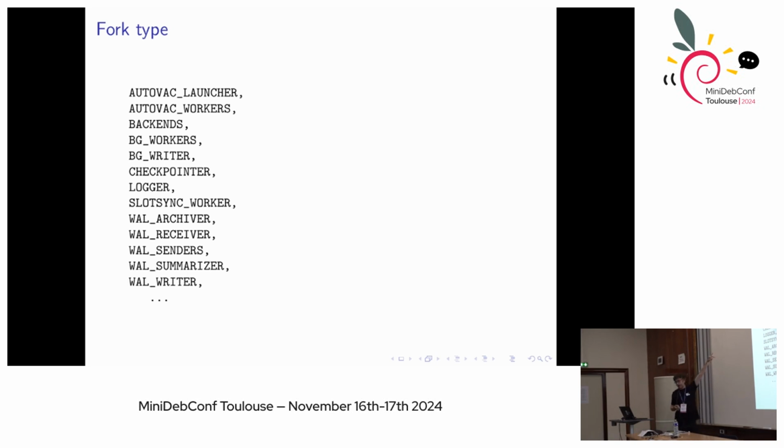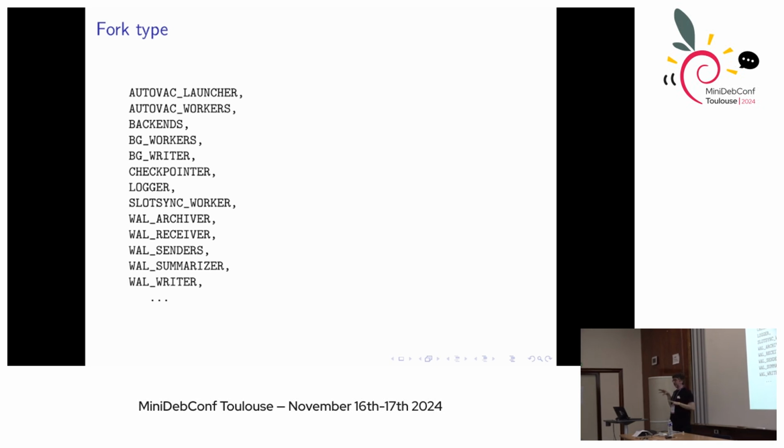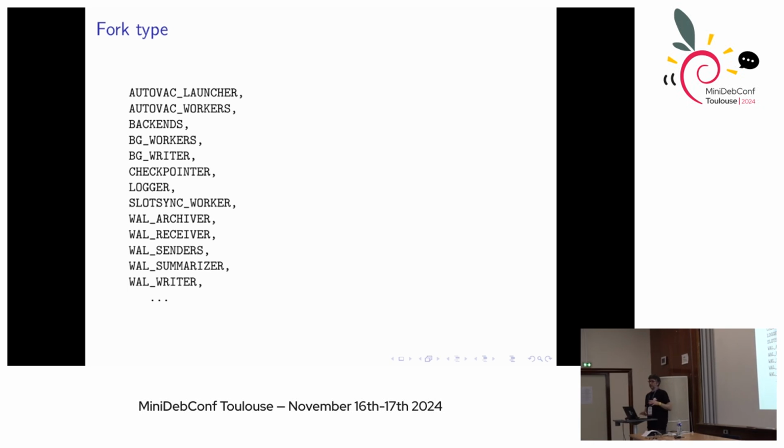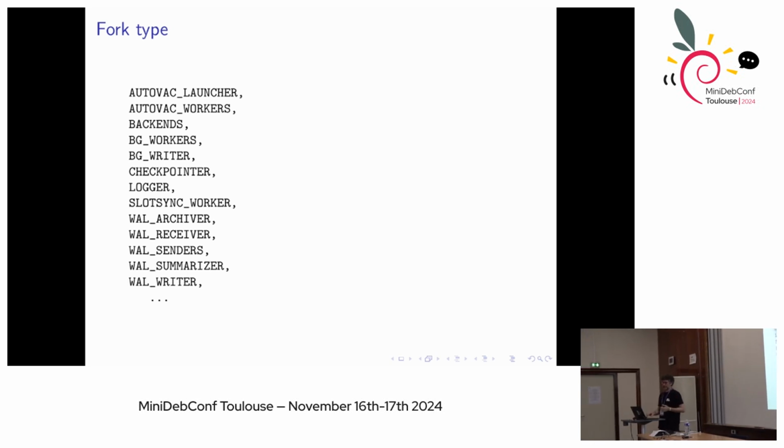Backends are queries. And background workers are advanced backends for userland. Same thing, they touch the same memory, the same files, and everything. And there are AutoVacuum workers and launchers. The launcher is a manager for AutoVacuum, which is a daemon to ensure that we keep the indexes and the heap, the tables of PostgreSQL, clean.